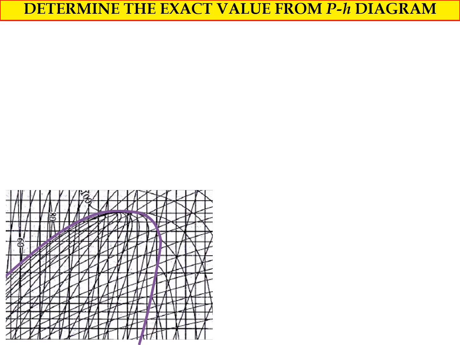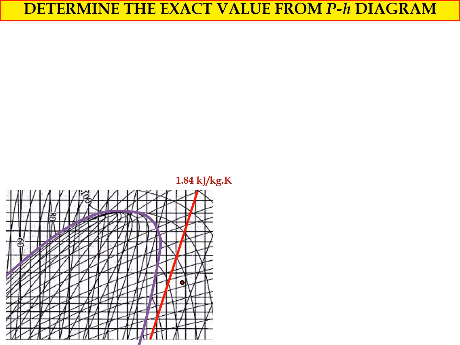Let's say we already identified the intersection point for a certain condition on the pH diagram, represented by the red circle. So now from this point you want to determine the specific value for the R134A.